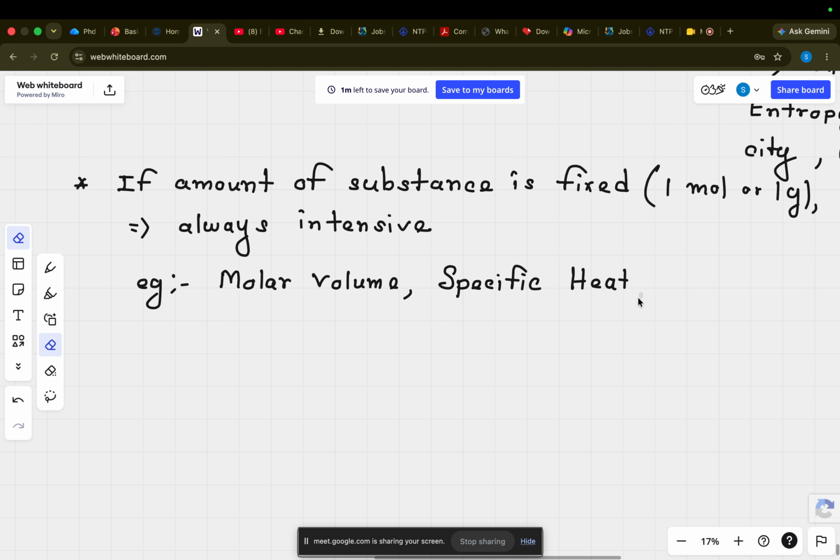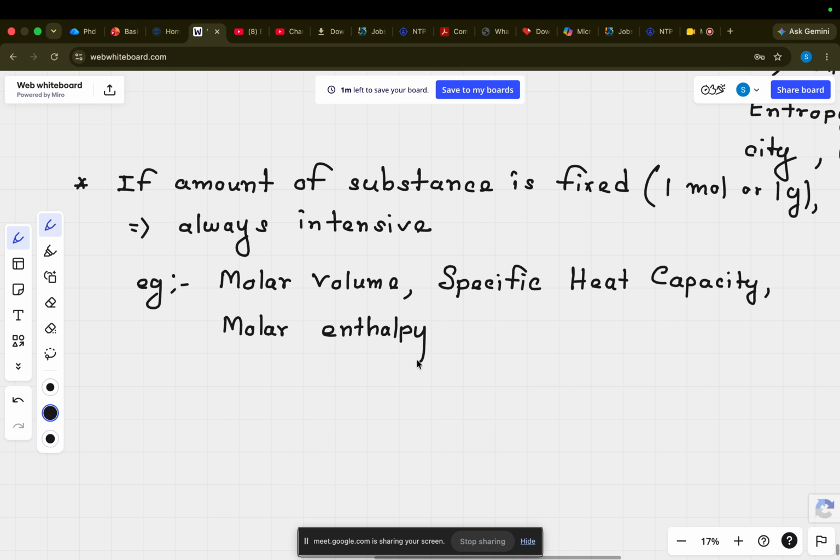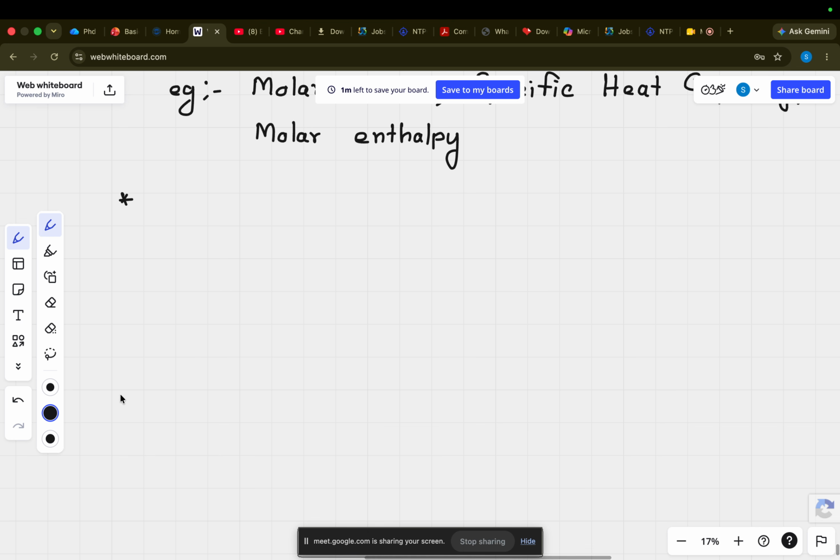Specific heat capacity, and molar enthalpy. So if the amount is fixed, that time we will consider it as your intensive property.